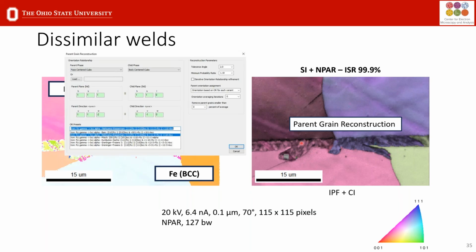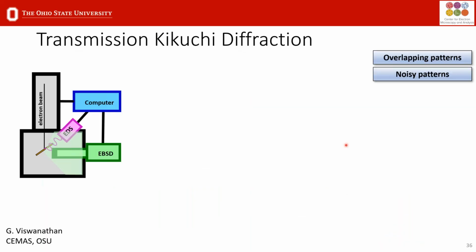And if the orientation relationship for your variants is very, very close to the theoretical one, it usually works quite well.